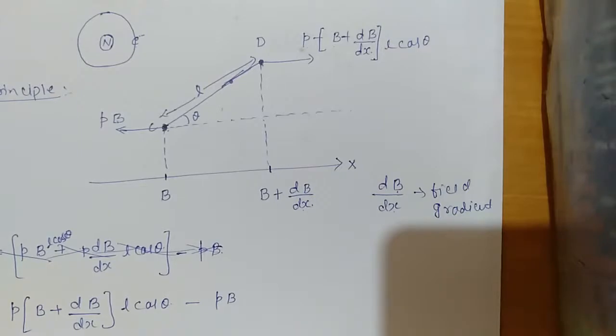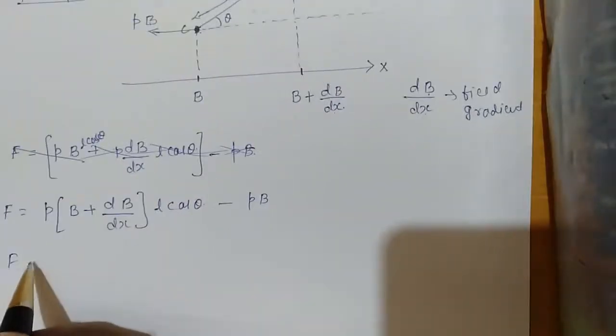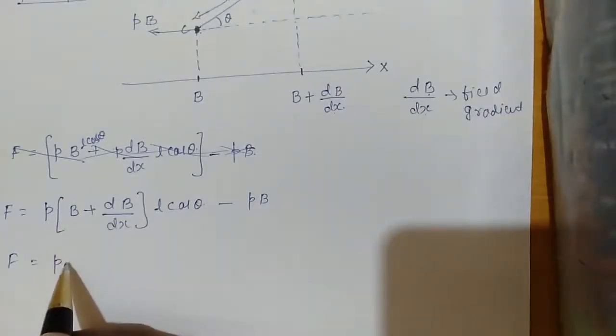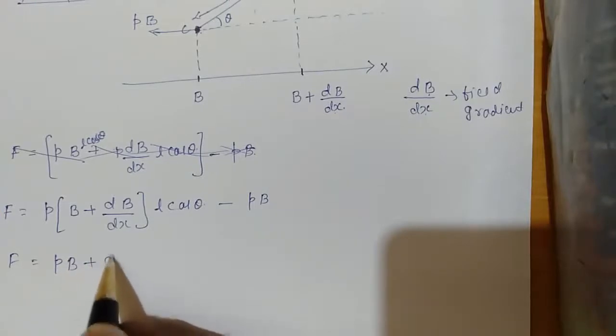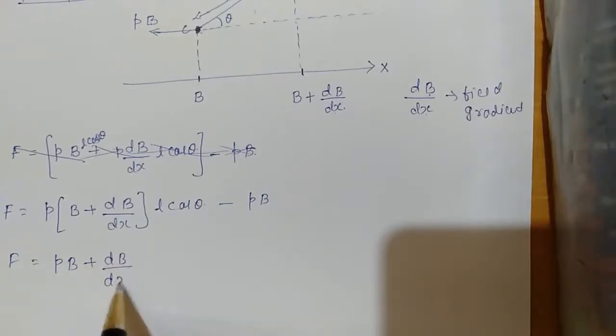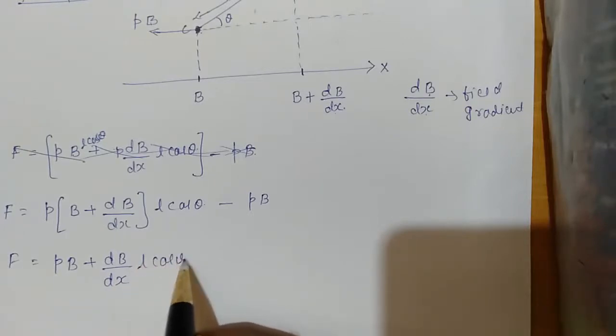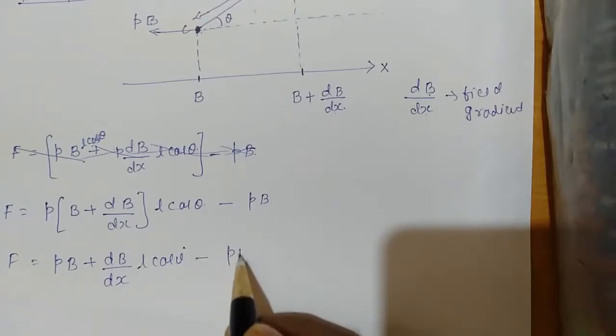If I multiply this P inside, it will be P into B plus dB by dx into L cos theta, minus PB.